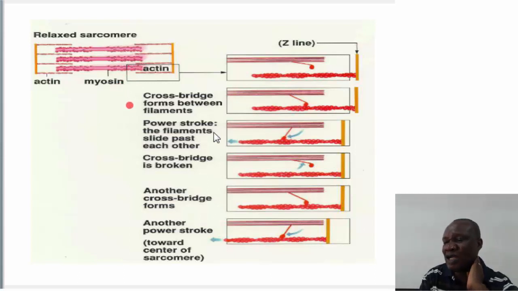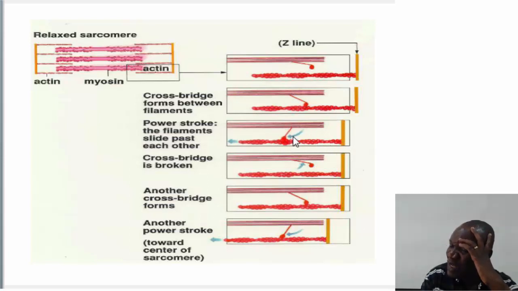Now, during contraction, if we started with a Z line here, that's our thick filament with the head sticking out. So the head, when it's activated, will bind to the thin filament here and undergo the power stroke by rotating. When it undergoes the power stroke, it draws the thin filament closer, or it draws the Z lines closer to each other.